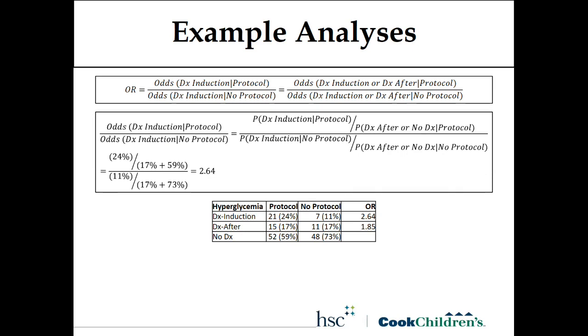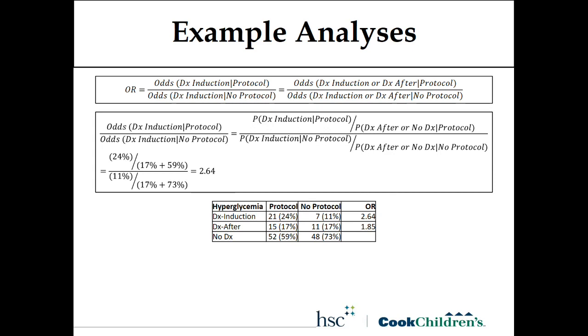Breaking down that first odds ratio, on the right side of the equal sign you have the conditional probability of being diagnosed in induction, given that you're in the protocol group, divided by the conditional probability of being diagnosed after induction or not having a diagnosis at all, given that you're in the protocol group.